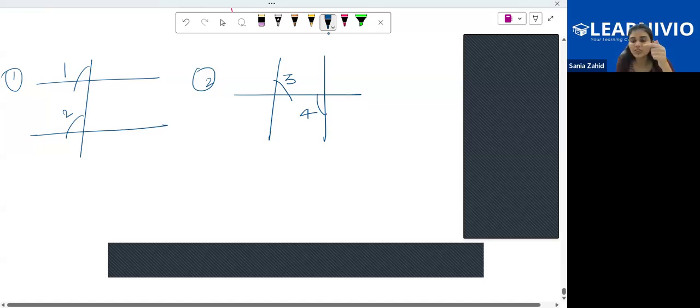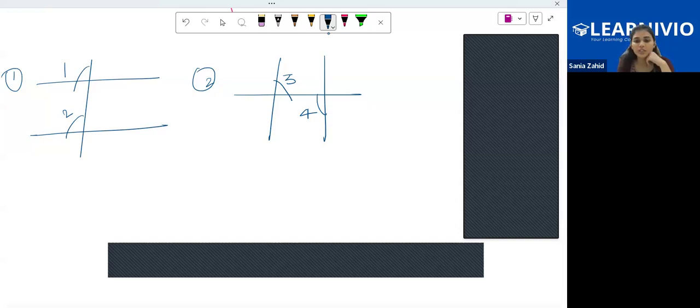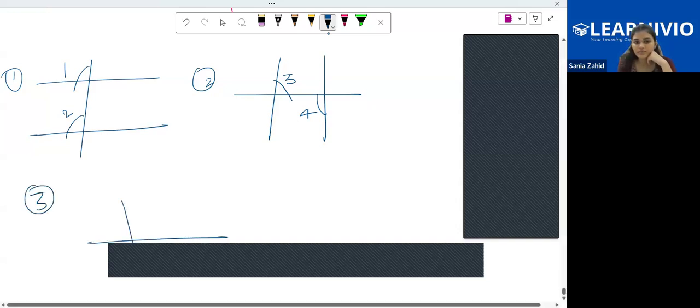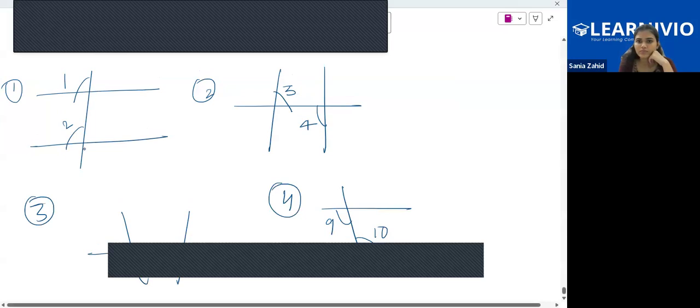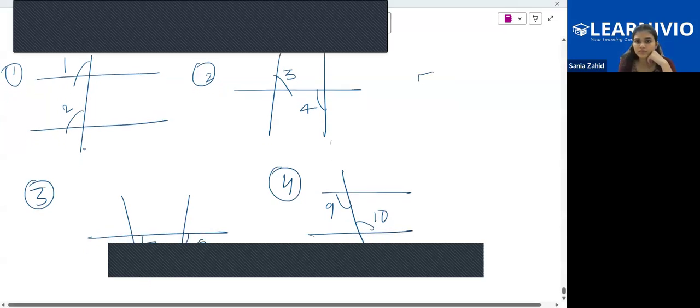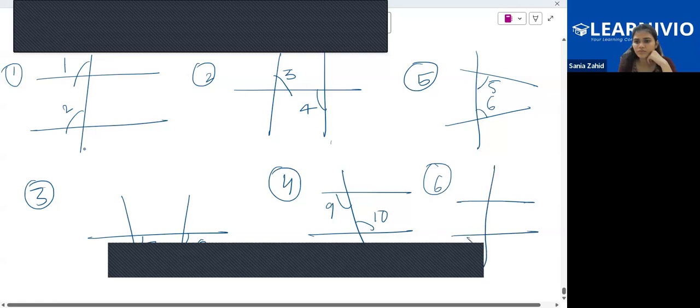Are these alternate interior, alternate exterior, vertically opposite, or corresponding angles? Okay, please do this question. Tell me the answers.